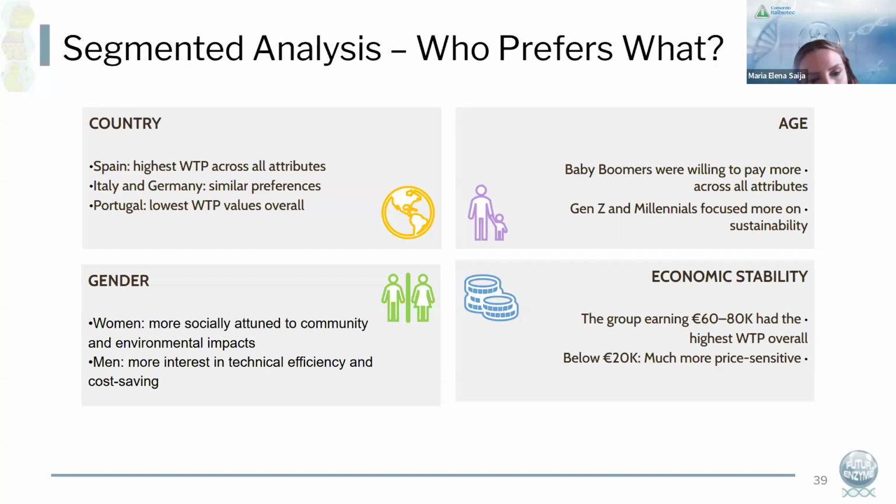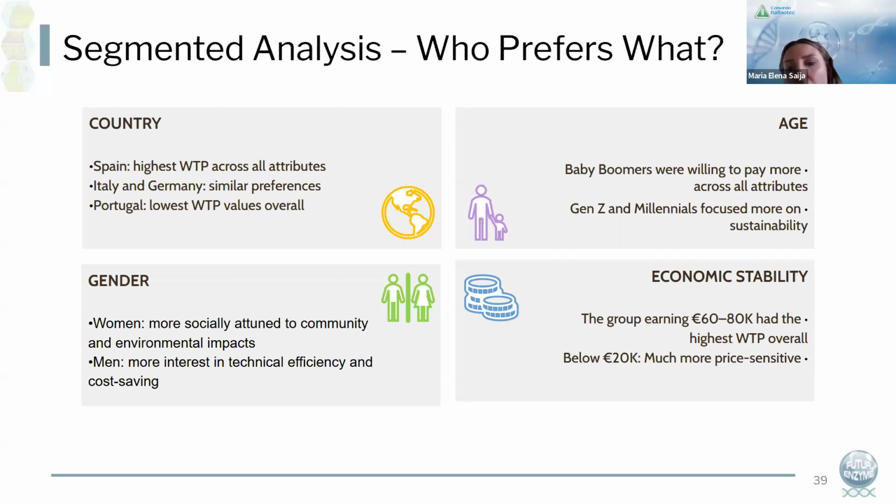The analysis of socioeconomic and demographic aspects also reveals generational differences in willingness to pay for sustainable product attributes. In particular, older consumers are willing to invest in both effectiveness and environmental features, while younger consumers prioritize specific sustainability aspects, such as the renewable surfactant and more sustainable packaging.